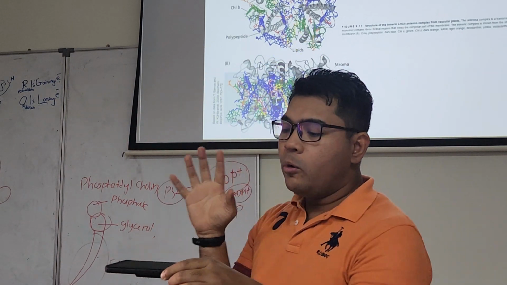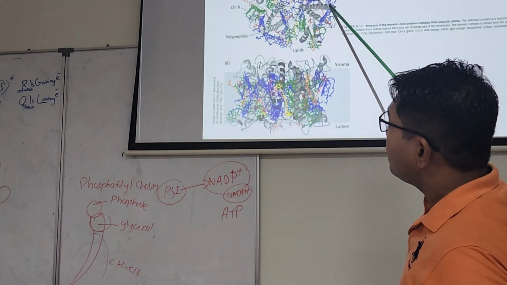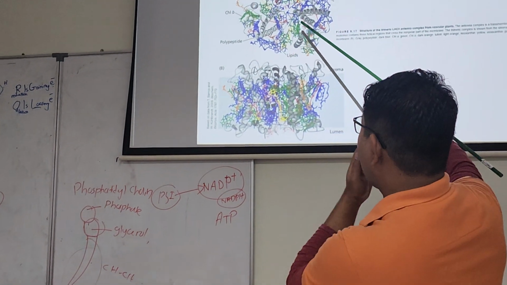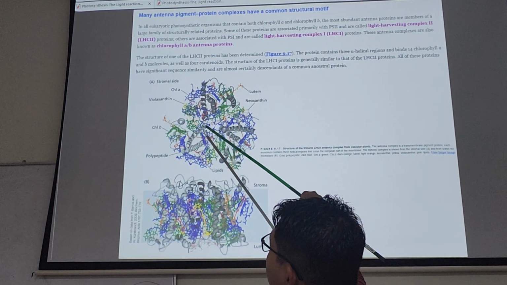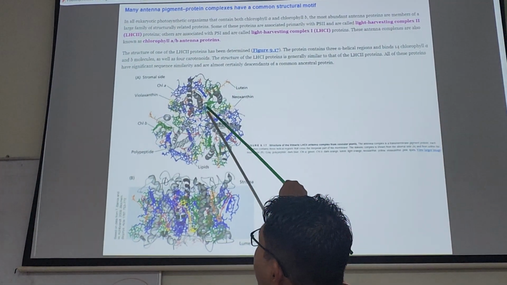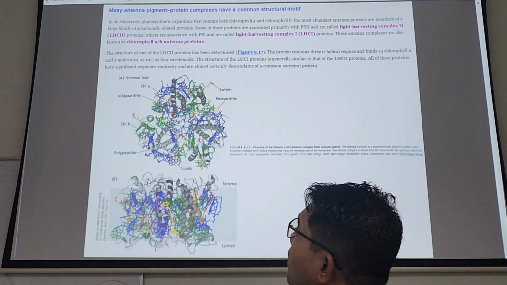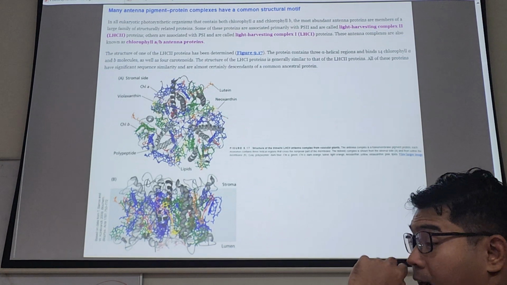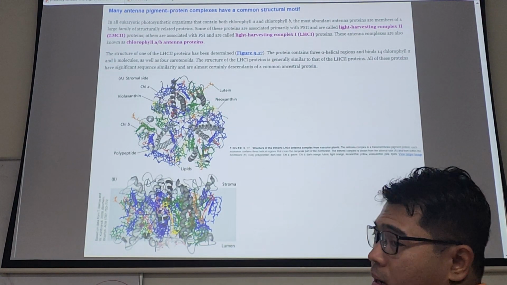That image is looking at the island from the top. From the top you can see that the chlorophyll pigments are connected with all these grayish things. These are the polypeptides, any sequence of short amino acids.